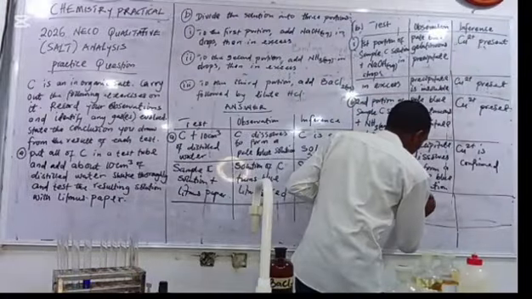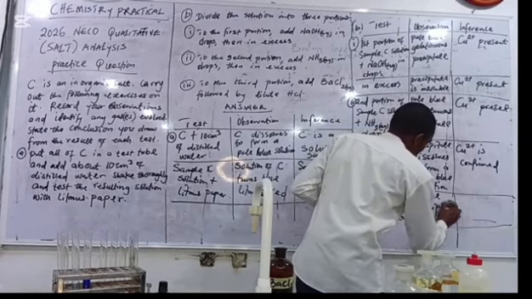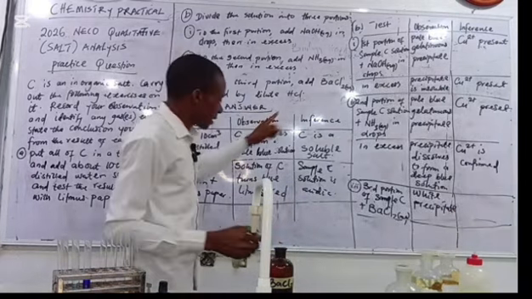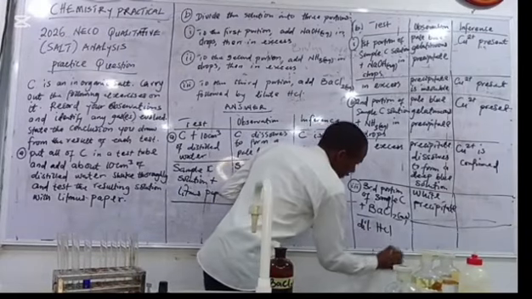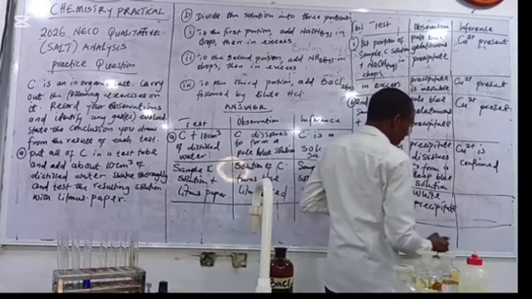So we have a white precipitate. After that, followed by dilute HCl. So we are going to write dilute HCl. If we observe a white precipitate here, what are the ions present?